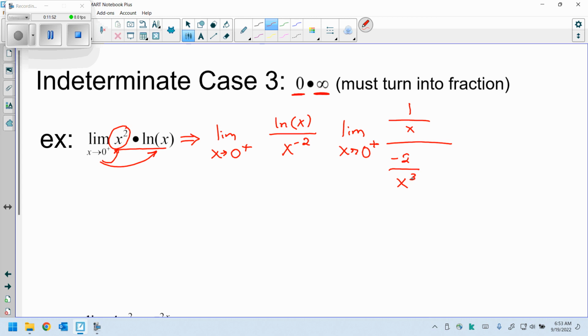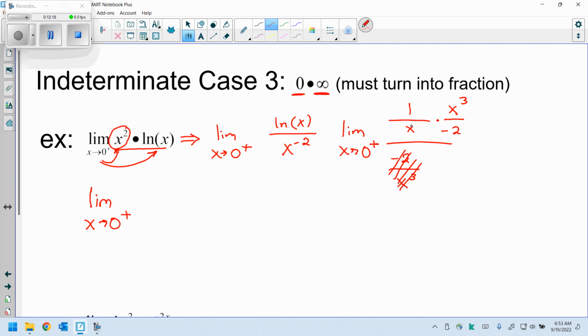And just like in the last problem again, I'm not dividing by that. I'm going to multiply by the reciprocal. I'm going to multiply by x to the third over negative 2. Don't divide by a fraction, multiply by the reciprocal. I am taking the limit as x approaches 0 from the positive side.